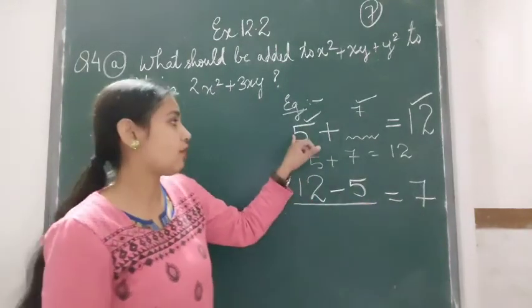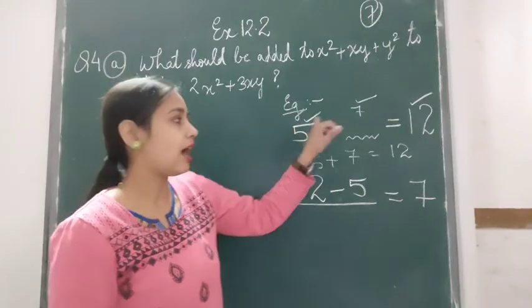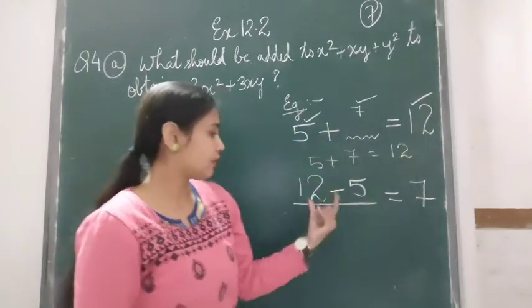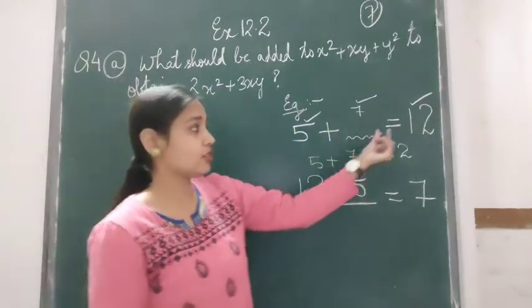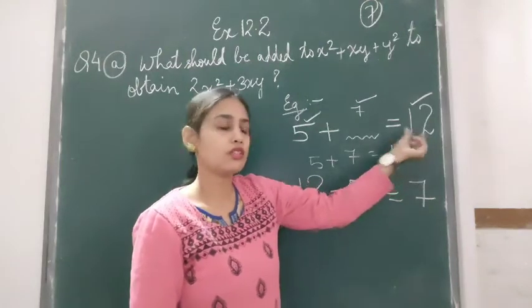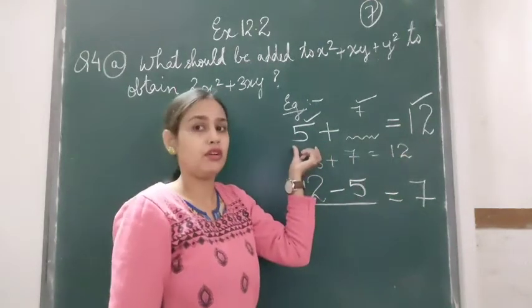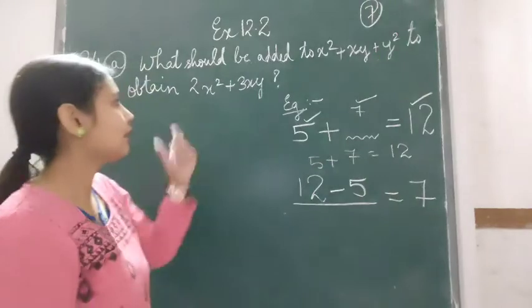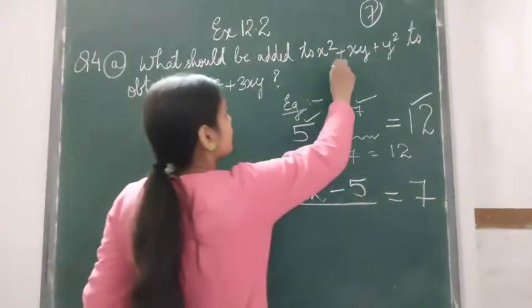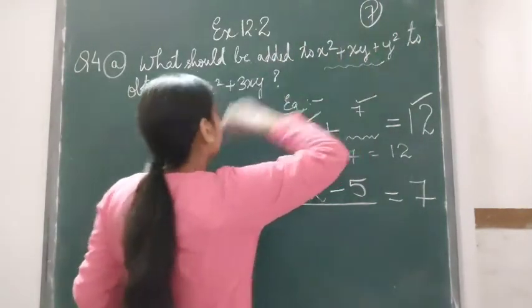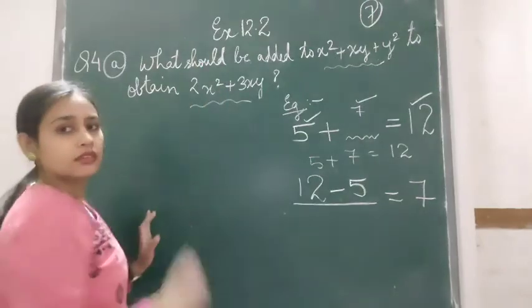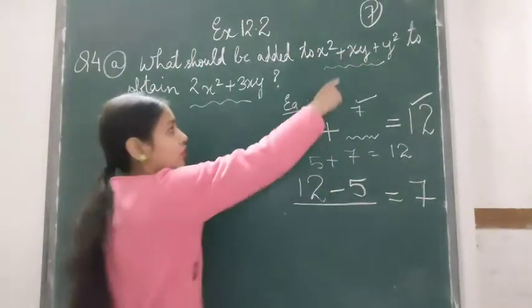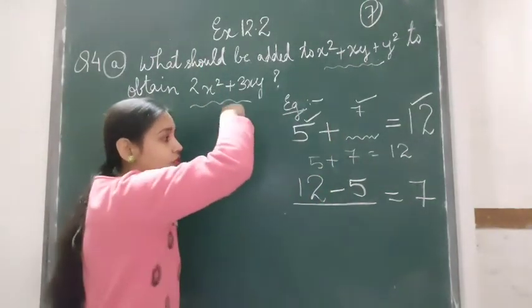That means the subtraction of the total chocolates and the chocolates given by your mother. This is the chocolate given by your mother and this is your total chocolate.